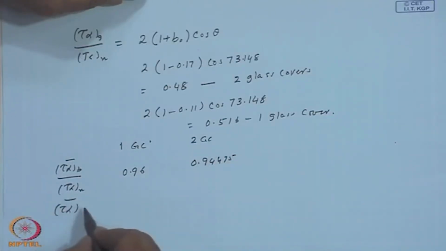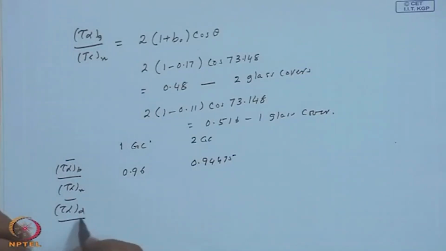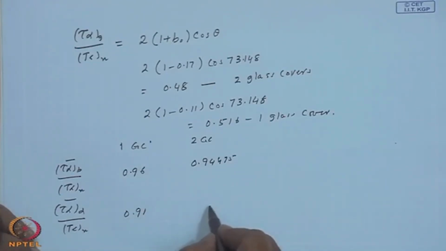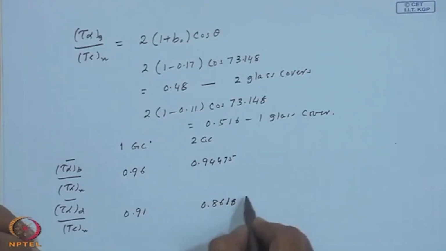Tau alpha bar d by tau alpha n for 1 glass cover is 0.91 and for 2 glass covers 0.86183, I think.